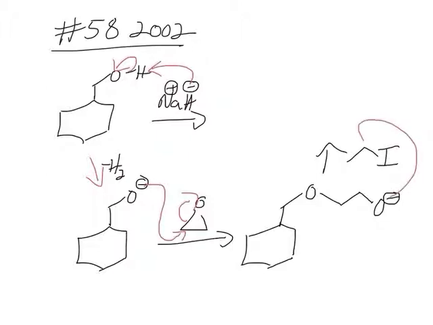So this O minus attacks, kicks up. So it's very similar to what you want. The problem is the O from the original alcohol is still on there, right? That's why A and C are the two best answers, but C is the better one.